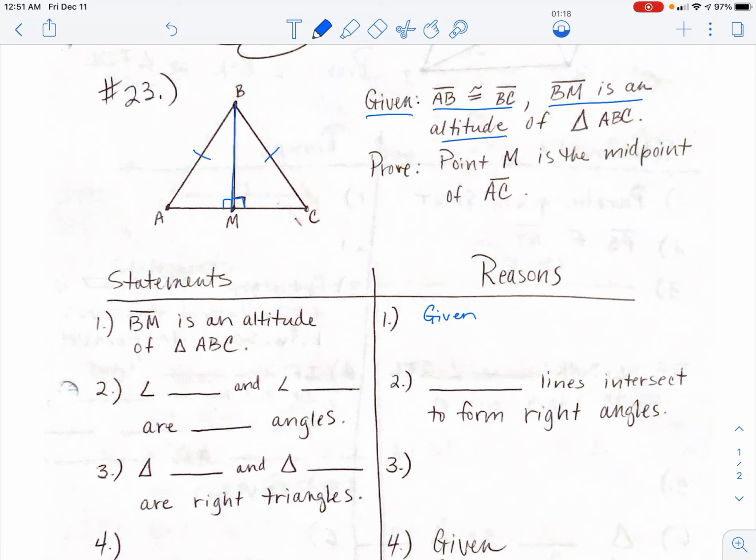So if we eye up the names of those angles, one of them is AMB. And the other right angle, we'll name CMB. And that would be this one here, CMB. I'm trying to do it in green so you can see it. Okay, so those are the two angles we're talking about, those two right angles.